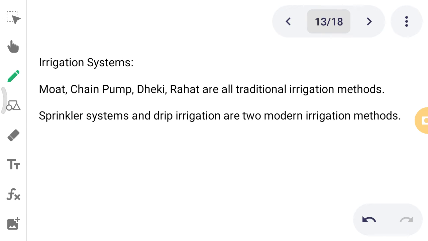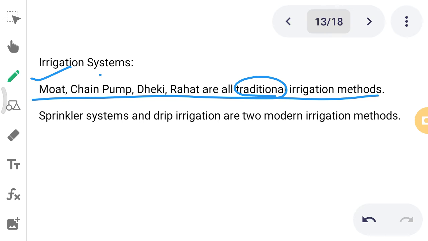These are the old or traditional type of irrigation methods. Moat, chain pump, dhekli, rahat, which we have all seen in this picture, they are all traditional irrigation methods, and they are not usually seen during these days.